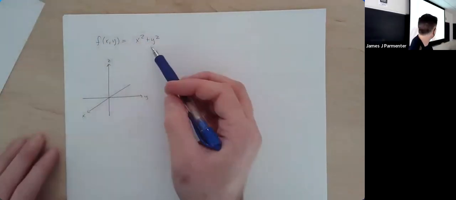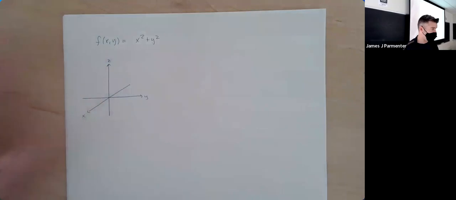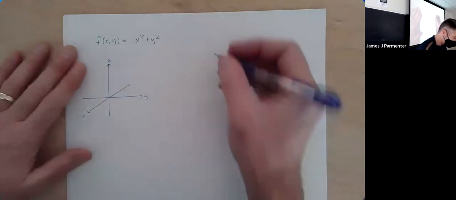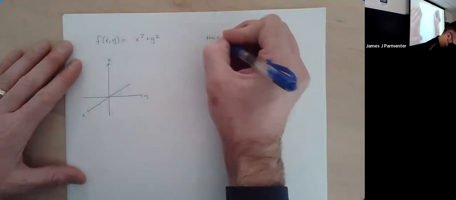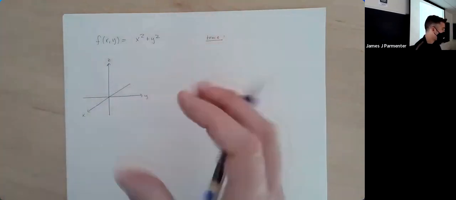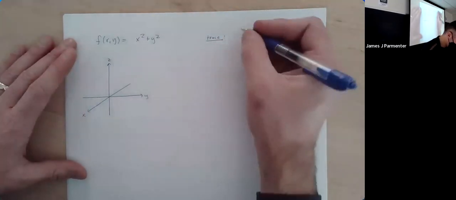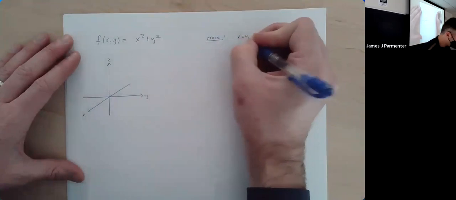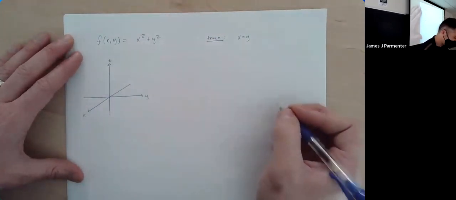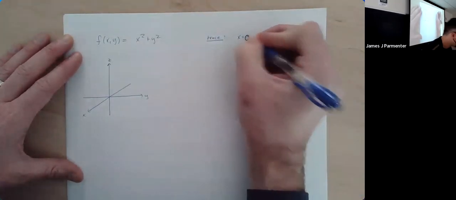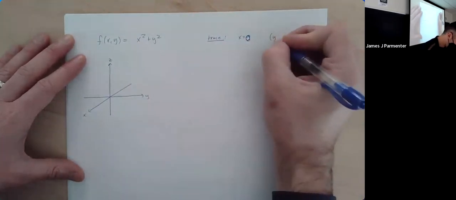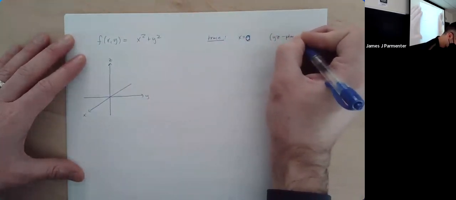And people often draw this by looking at the traces, which I'm going to mention just briefly. So the trace is what you get by setting one of the variables equal to 0. So if you set x equal to 0, that means you're in the YZ plane.